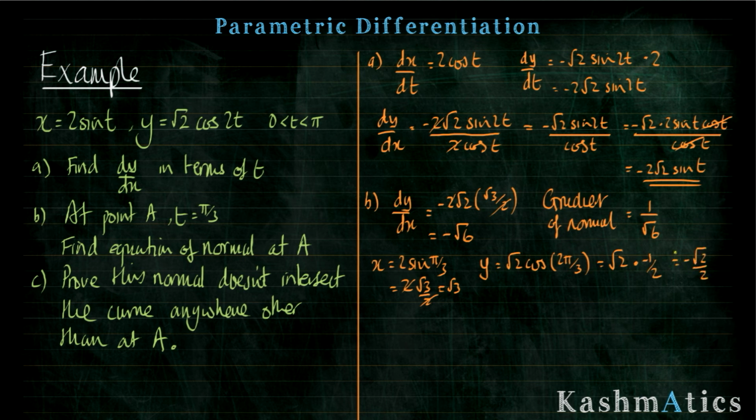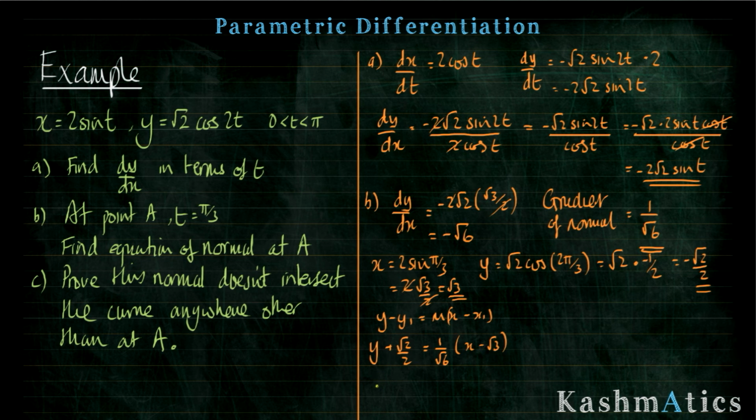So we can plug all this information into y minus y1 is equal to m times x minus x1. So remember, this is my gradient, this is my x coordinate, and this is my y coordinate. So y take away y1, so y take away this, so it's the same as adding it, is equal to m, which is 1 over root 6, x take away x1, x take away root 3, and we'll try and tidy that up a little bit.